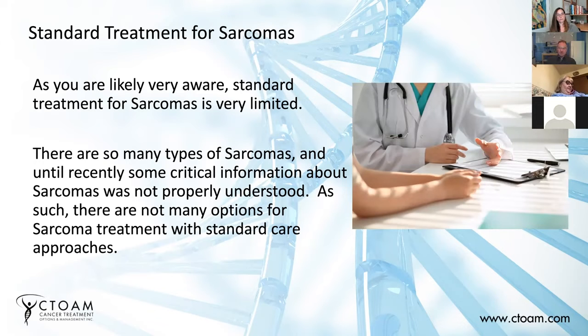So one of the biggest problems with treating sarcomas is that the standard of care in oncology has always been treating a tumor based on the tissue of origin. And the way that is determined, since chemotherapy drugs have been here, which first occurred in the late 60s, early 70s, chemotherapy drugs are a class of drugs that typically are defined by inhibiting the reproduction of cells that happen to be rapidly reproducing.